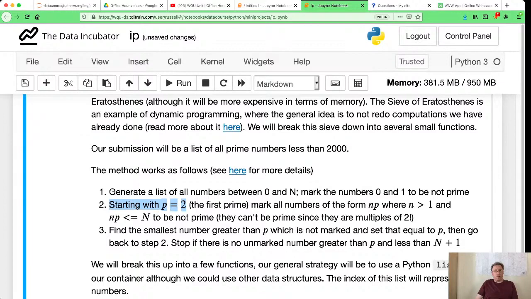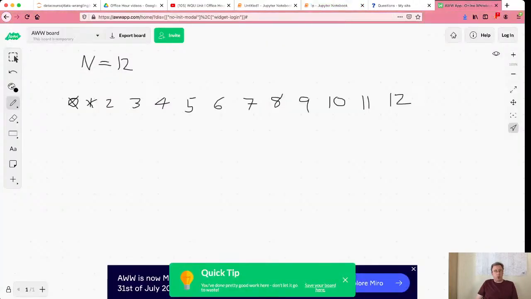Well, 2 is prime. I'm going to circle the prime numbers. Now I'm going to mark out every positive multiple of 2. I mark out 4, I mark out 6, I mark out 8, I mark out 10, I mark out 12. Those numbers can't be prime.